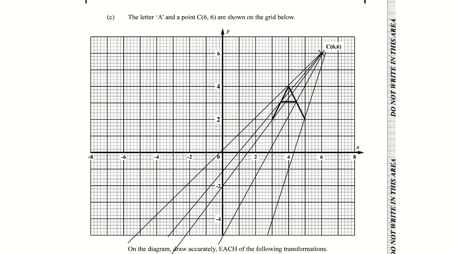Actually, no, that might be hard. We know that this is 1, 2, so it's 4 units apart. So from this line, anything on this line to this line is 4 units. So we have 1, 2, 3.